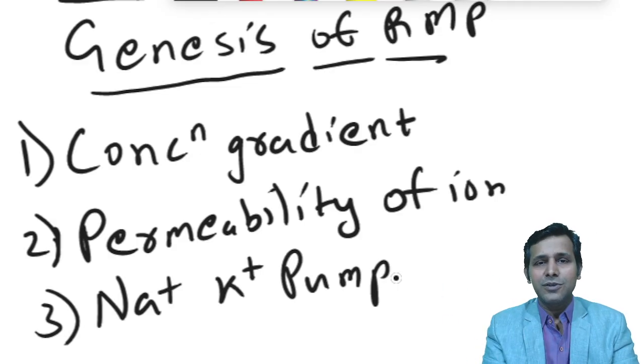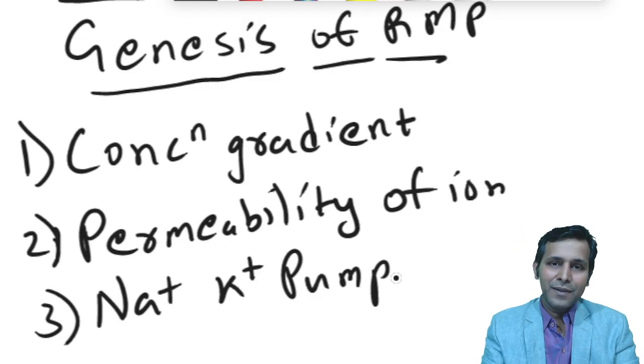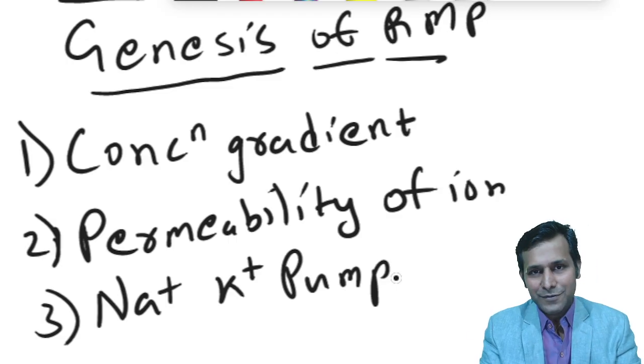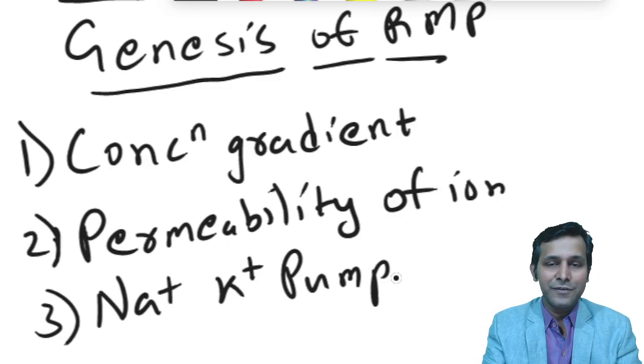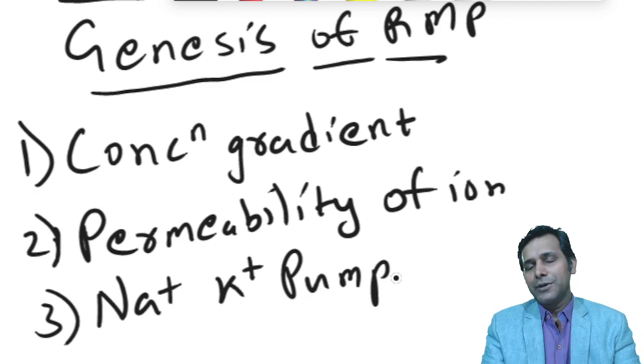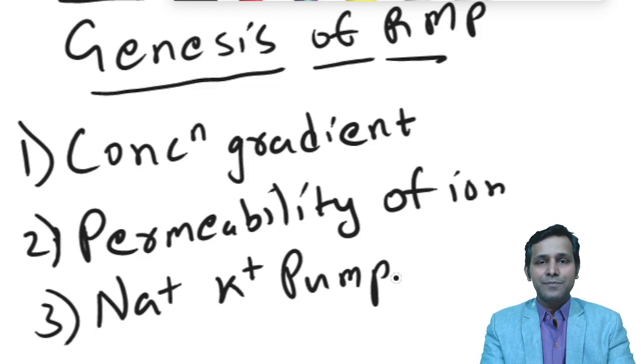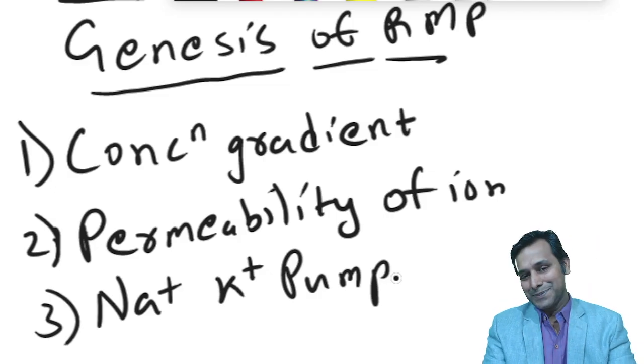They move across the membrane, and their movement will determine the voltage inside the membrane. Permeability, how much an ion moves, in what quantity, what is the rate of movement, that determines the RMP. And the third one is the sodium potassium pump. So these three factors are very important to determine the potential inside the membrane.